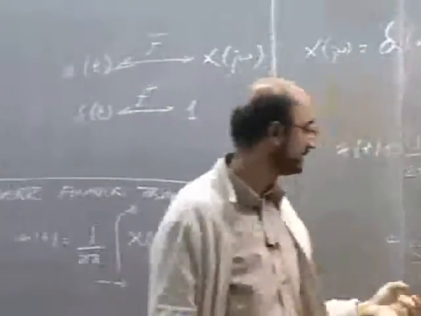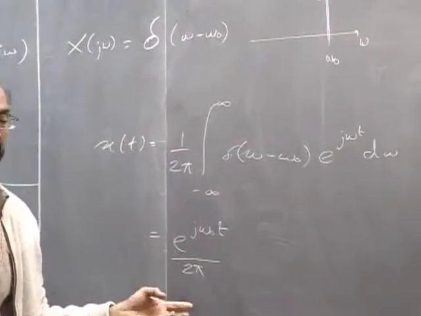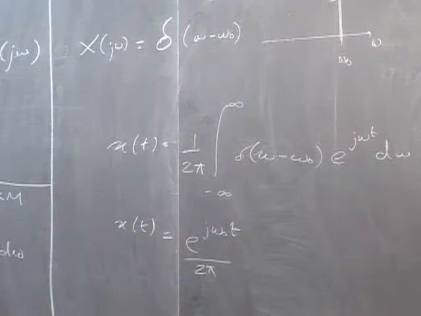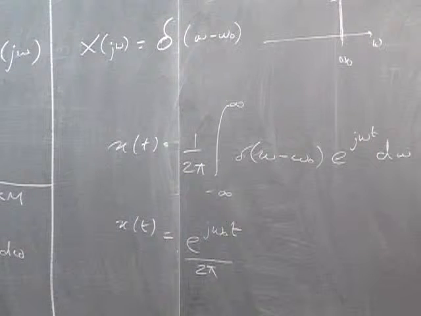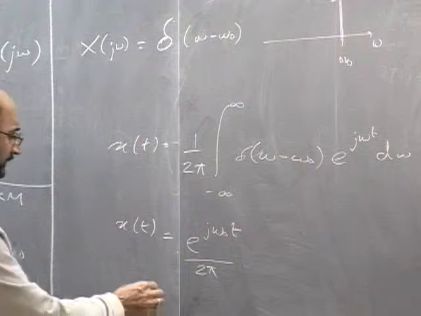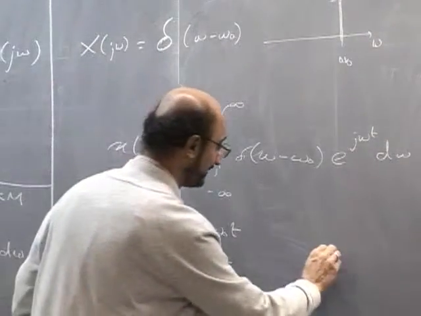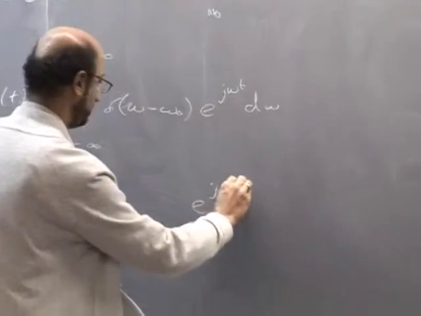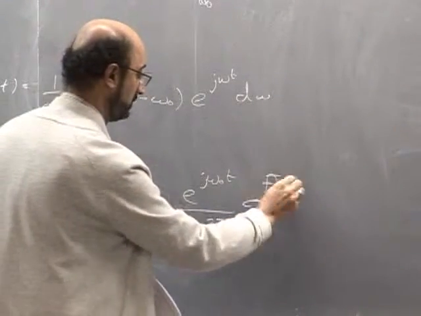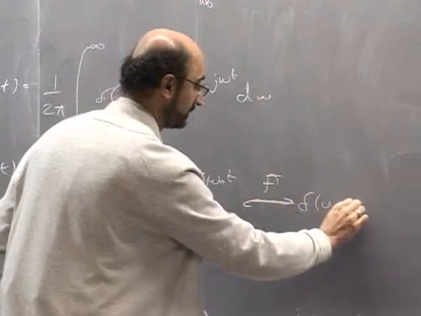So e to the j omega naught t, divided by 2 pi, is what this is going to be. x of t is going to be this. And that gives us the solution to the homework assignment. So we can write this as e to the j omega naught t over 2 pi times delta of omega minus omega naught.